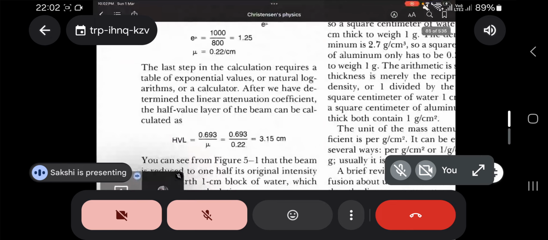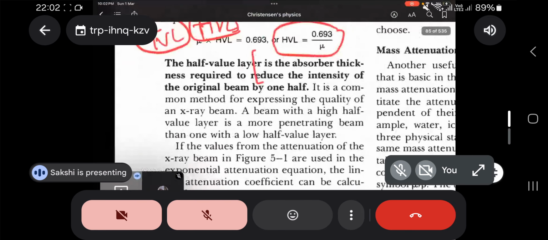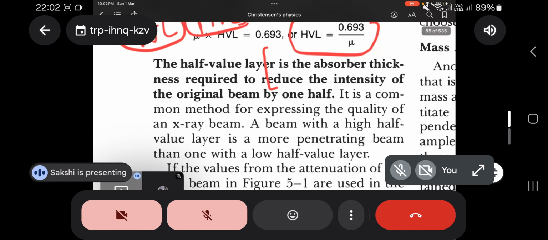So that was having the same equation for everything. Even the HVL was having the same.